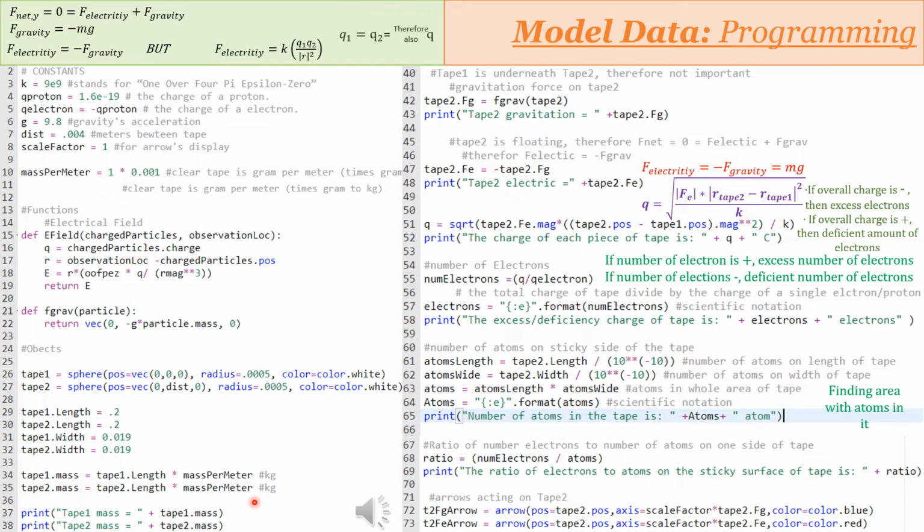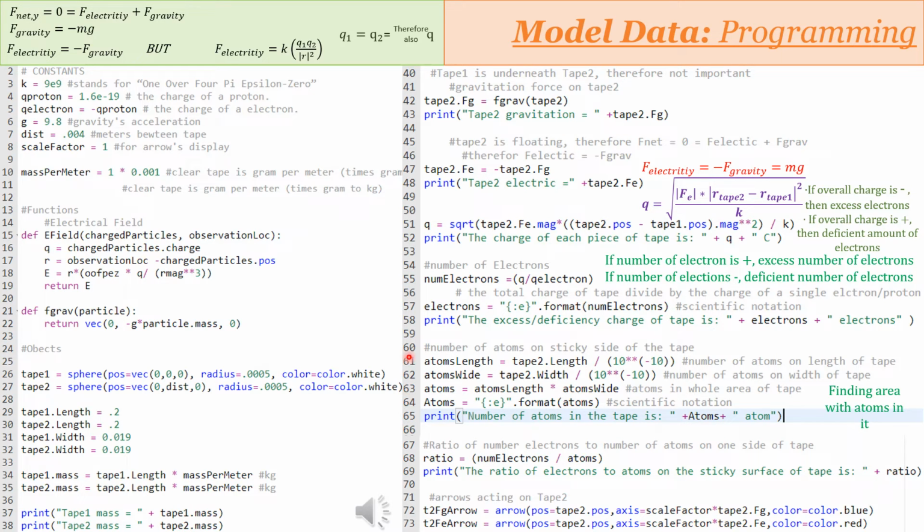This is my program. It is the same math that was on the previous slide, and basically we are finding the force of electricity and force of gravity, and we're using that information to find Q, which is the charge of the tape. Using the charge of the tape, divided by the charge of a single electron, we can find the number of electrons within our tape.